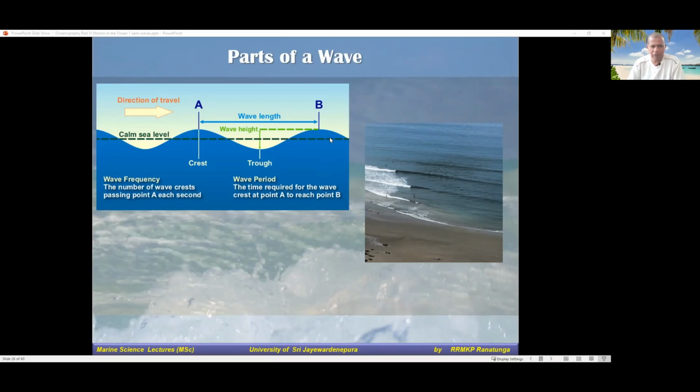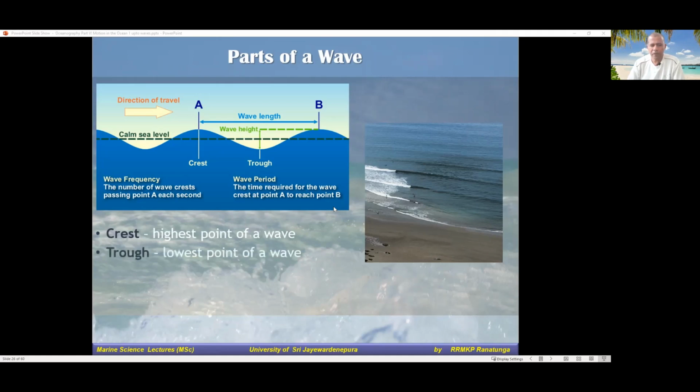Just like the sound waves, we can talk about the crest and the trough, and you know about the wavelength and the wave height, right? And the frequency, like how many of them pass within a second. The wave period is the time taken to pass from one crest to another crest, or one trough to another trough.